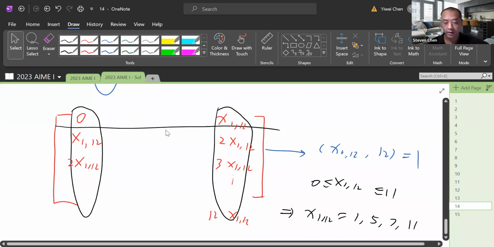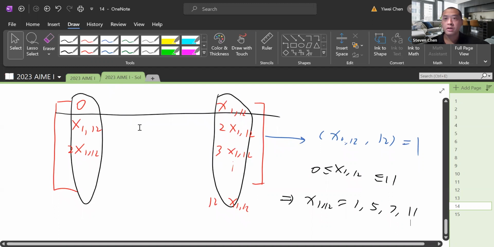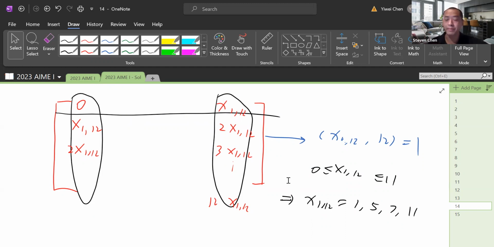So we know for these 11 movements, the total value increment is just equal to x sub 1,12. So we wonder, among those 11 movements, where the increment for each movement is 0 or 1, and the total increment is x sub 1,12, how many such column synchronized movement configurations do we have?